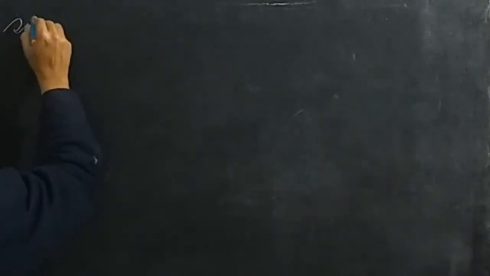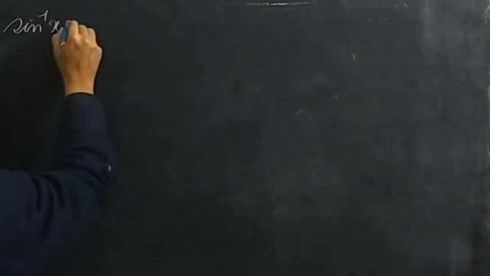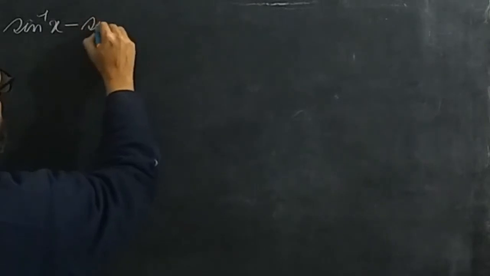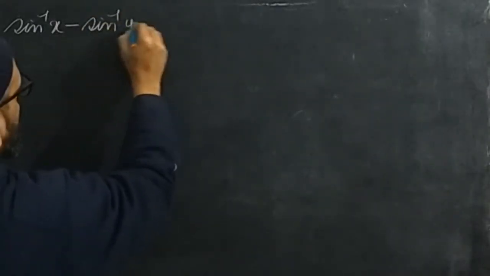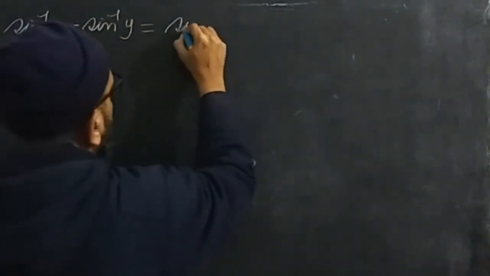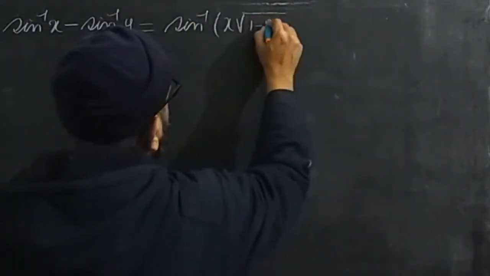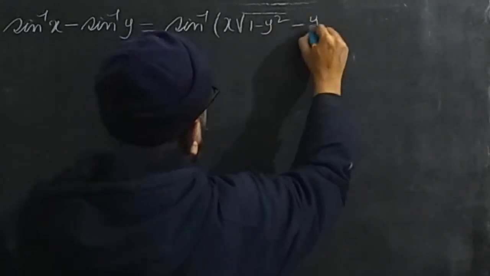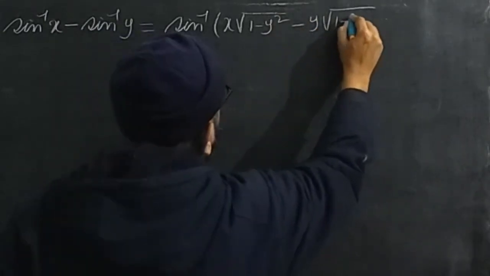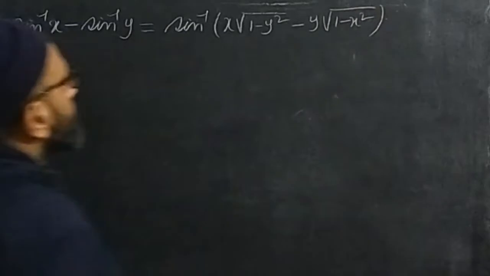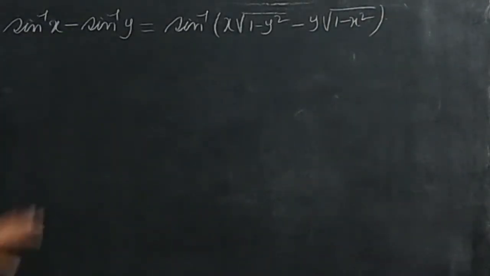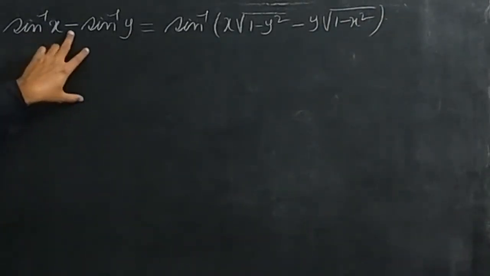In the same way we can prove the second standard formula of the same kind, which is sine inverse x minus sine inverse y is equal to sine inverse x under root 1 minus y square minus y under root 1 minus x square. So the difference between the first formula and this formula is only of this sign.